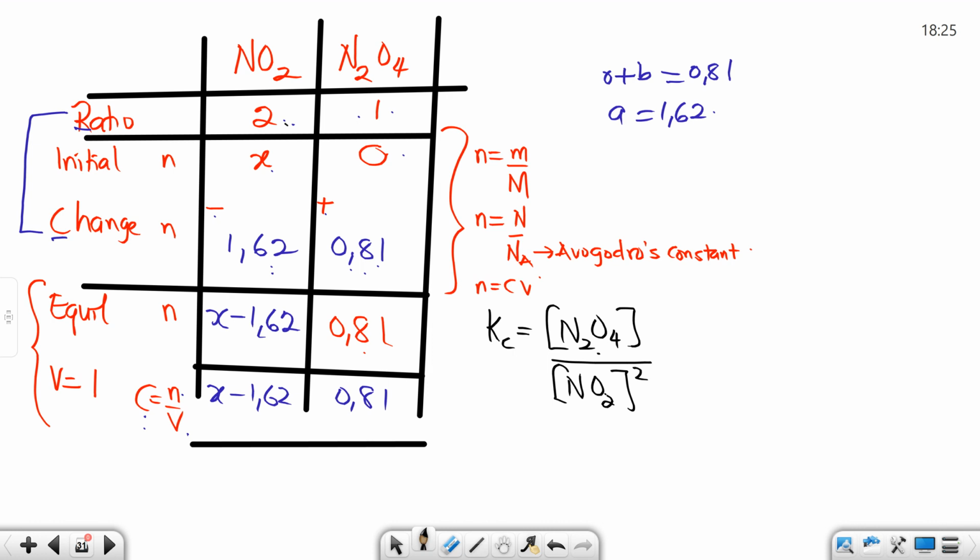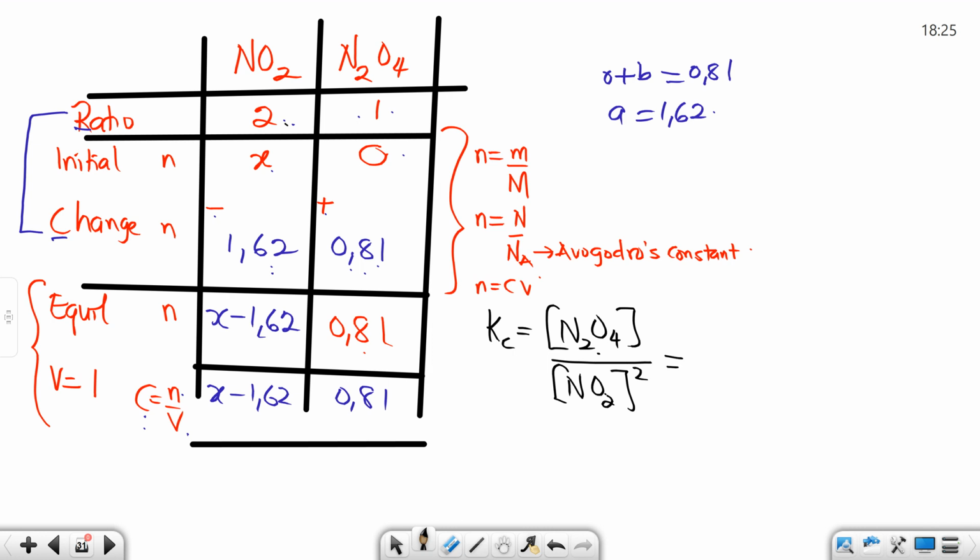Solids and liquids. When you have a solid or a liquid, the equilibrium concentration is 1. So if your reactants were a solid, then you put it as 1. You don't come and substitute whatever you are doing here. It will just be 1 there.